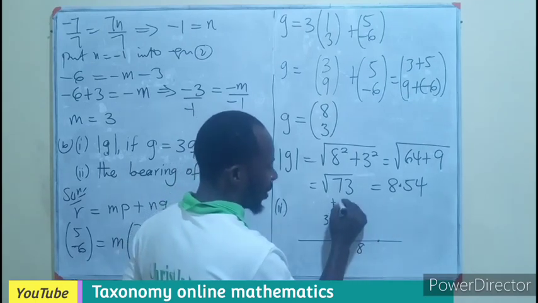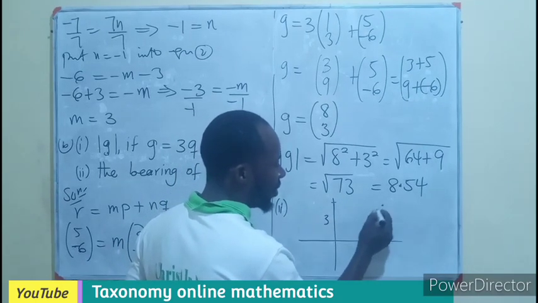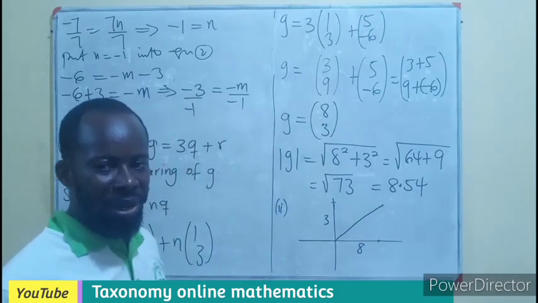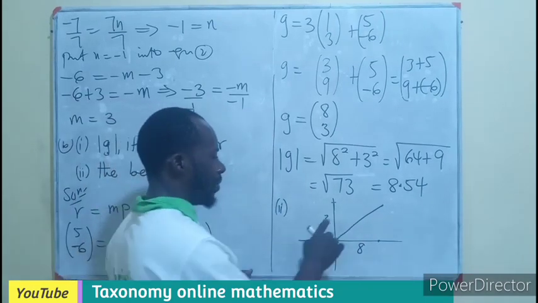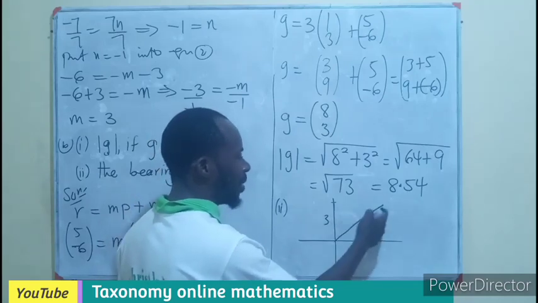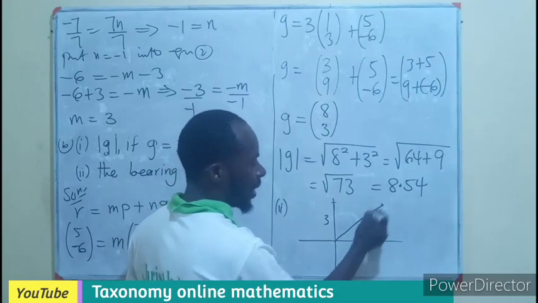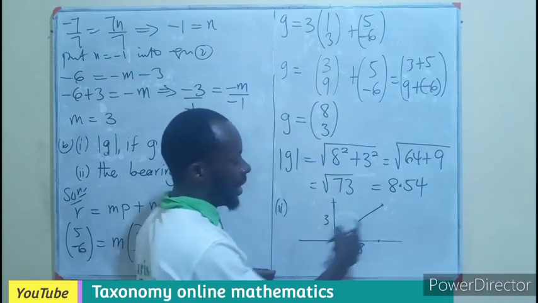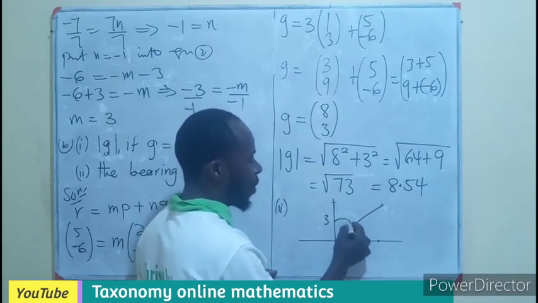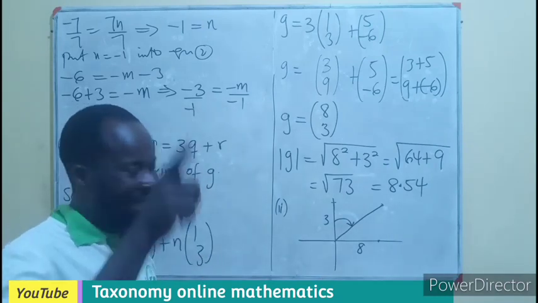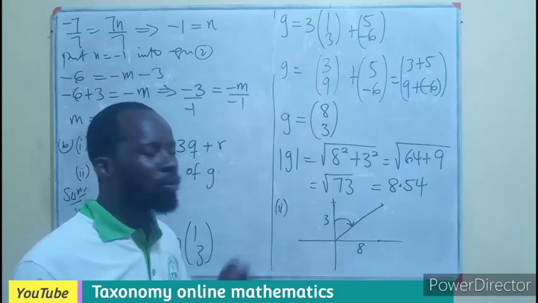If I have where they meet here, finding bearing means going to the north and measuring until you meet the point where the line joining the 2 points is. So this is where the 8 and 3 meet. So I'm looking for this bearing, the direction from this side up to this.